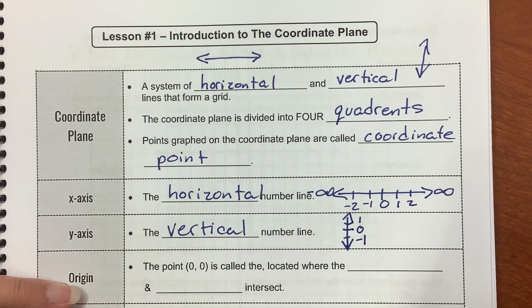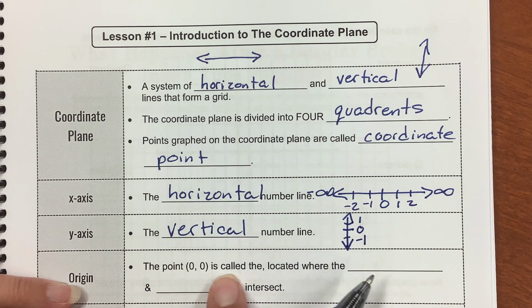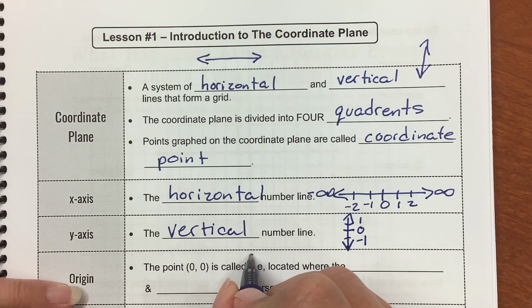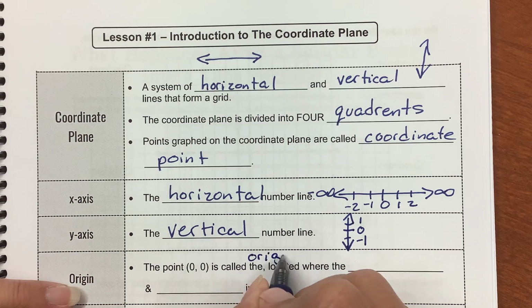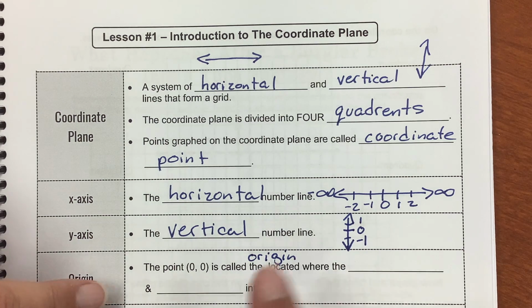Now, they intersect at 0. So the coordinate plane is basically 2 number lines that are intersecting at 0. And that 0, 0 point is called the origin. Now, origin means the beginning. So that's where you begin graphing from, the origin.